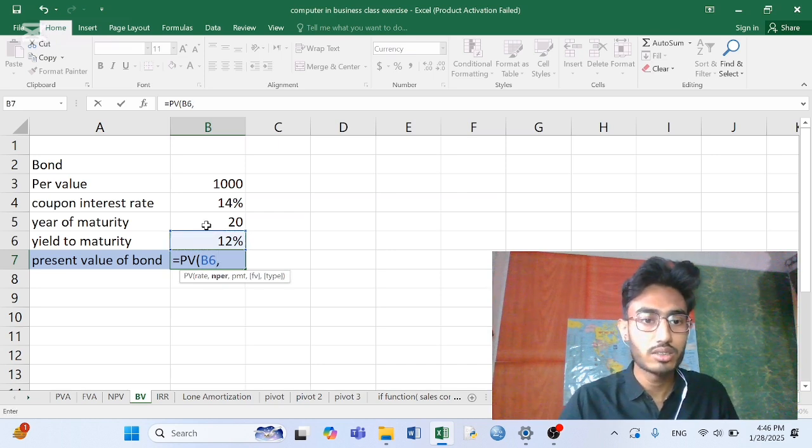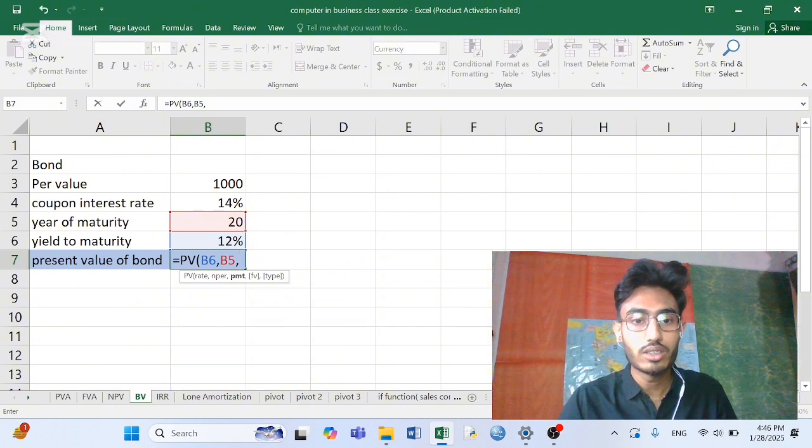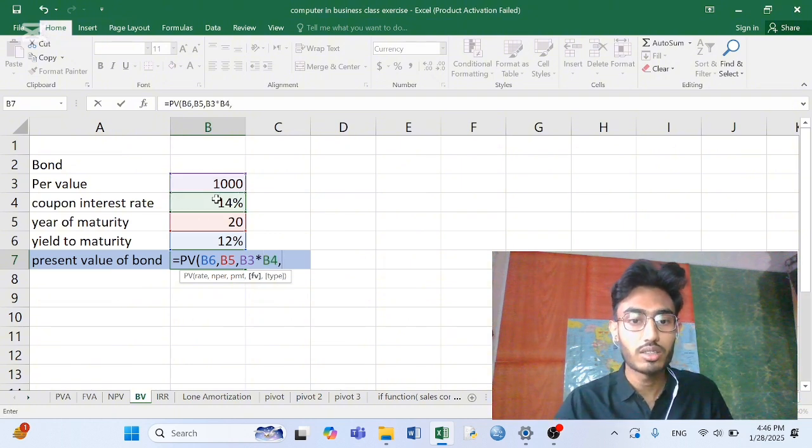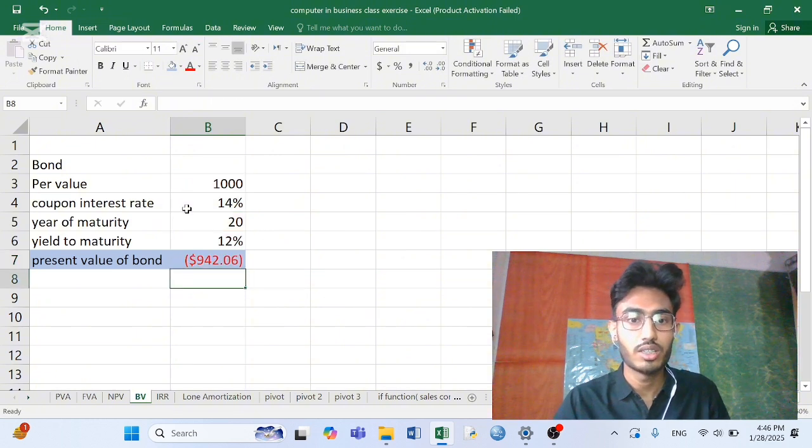The year is maturity, 20 years. Now it's time for payment. Here the payment is the initial monthly payment that you are getting. It's going to be the face value multiplied by the coupon interest rate. And then the future value, we know the future value is the face value, so here's the face value and enter. Yes, we found the value.